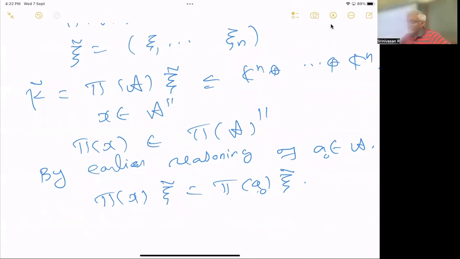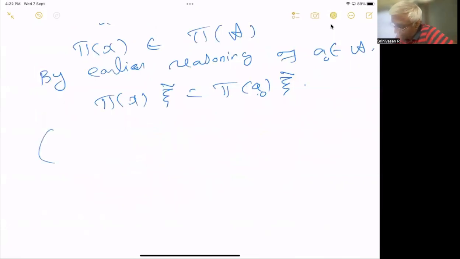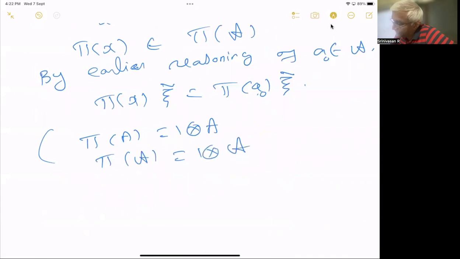So I will write it in the tensor language. Pi of A is nothing but one tensor A, sitting inside Mn tensor Mn. I have used direct sum, but you can use the tensor language also.